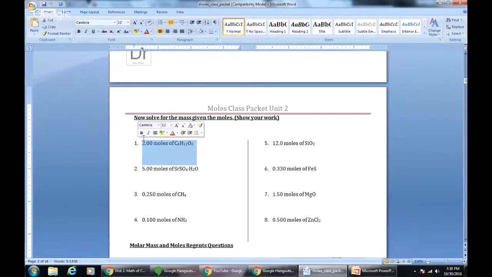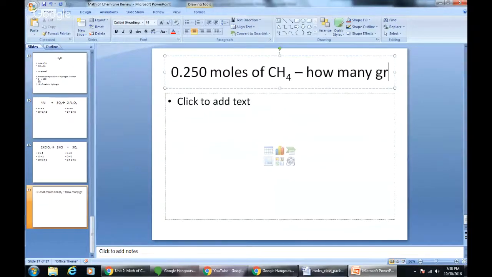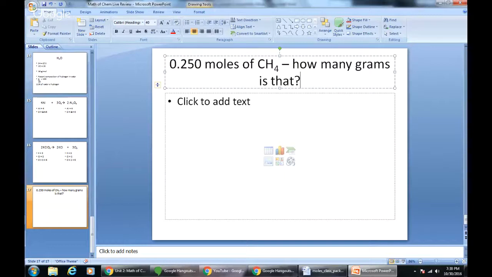Let's do a really easy one that we can add up quick. If you're given 0.25 moles of CH4, how many grams is that? Okay, so 1 mole weighs X grams, and now you've got to figure out how much a quarter mole weighs.